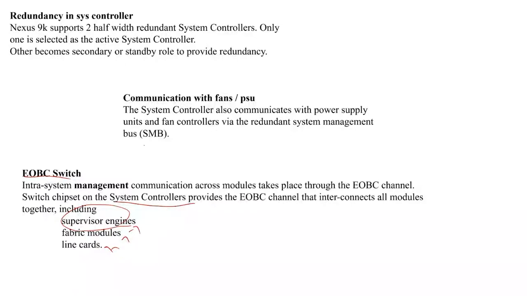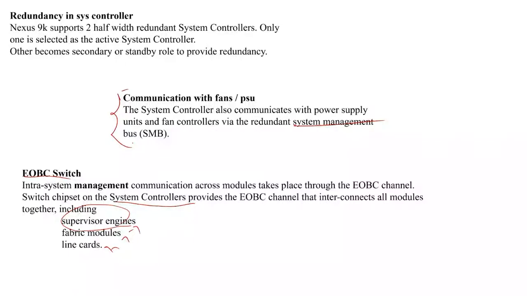So these are two main important functions that are facilitated by the system controller. Now, apart from that, this is something we already know: the system controller has to manage power and cooling. And to talk to those components, it makes use of this bus for the management. So this is another primary important function of the system controller.